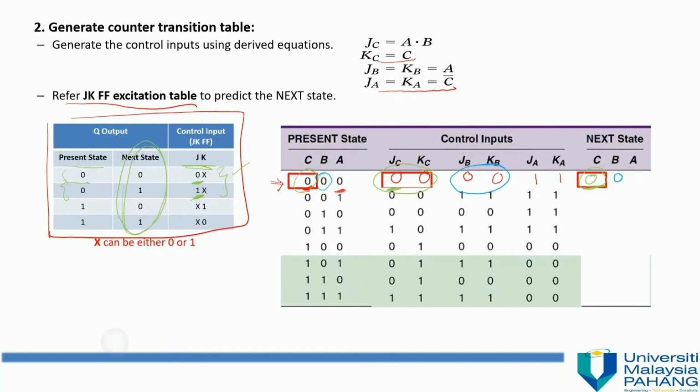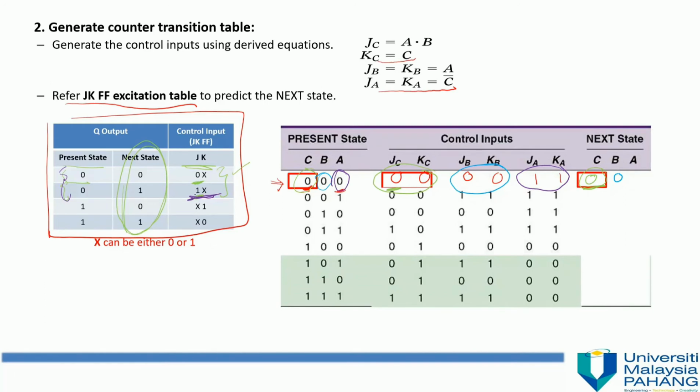Next, when variable A equals 0, the control inputs equal 1, 1. Refer to the table. Present state 0, so it is in either of these two rows. J equals 1 is this row, and K equals 1 here is don't care, so it can be 0 or 1.